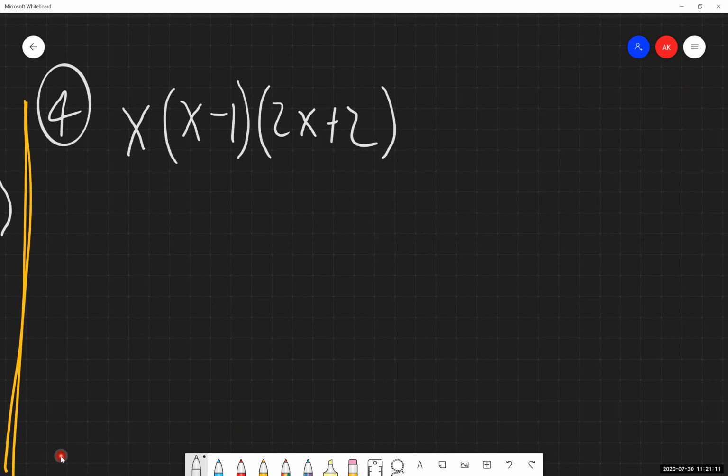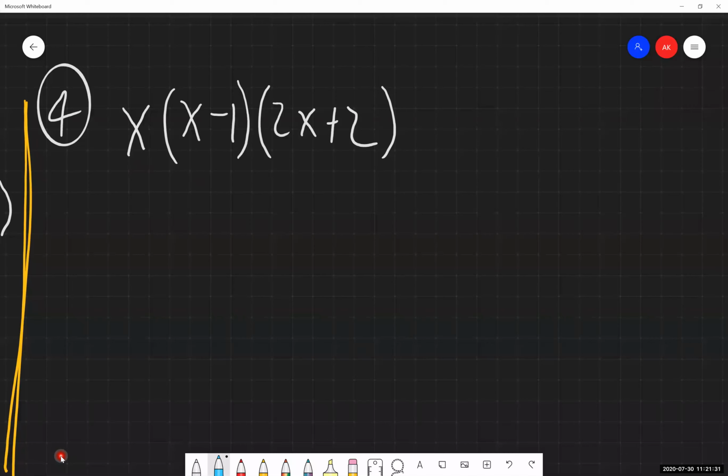I don't know any other way to put it. So for this problem, I'm going to choose to work with the x and x minus 1 terms first. The 2x plus 2, we will get to that later, but I'm just going to simplify these 2 polynomials before I do anything else.